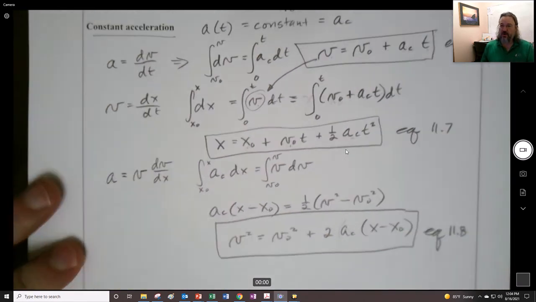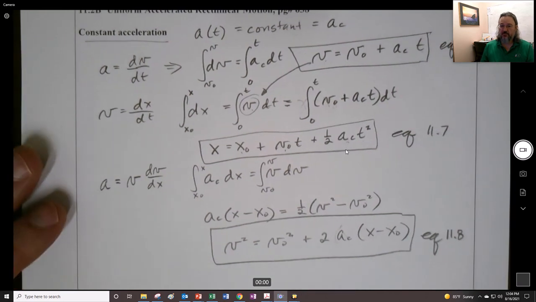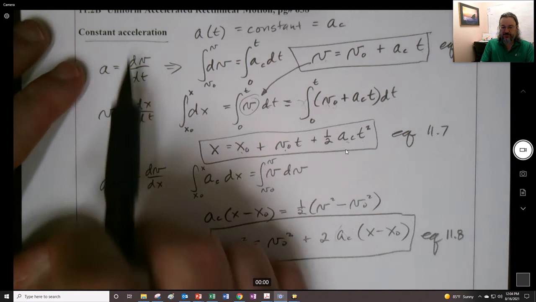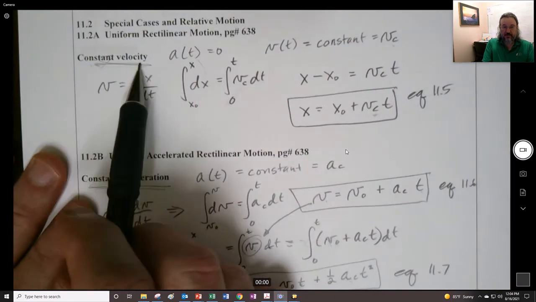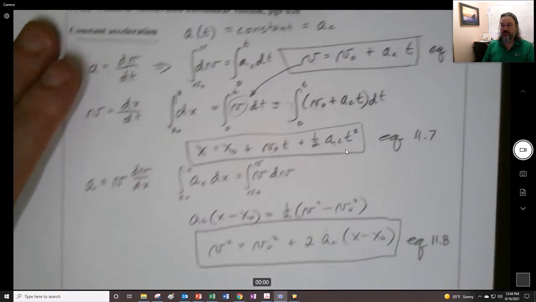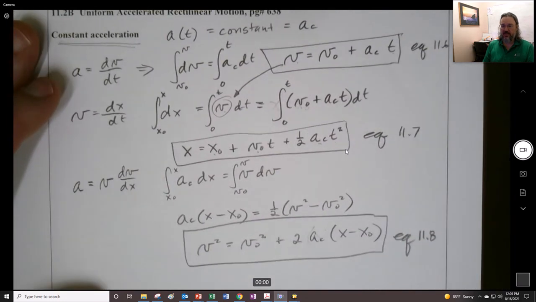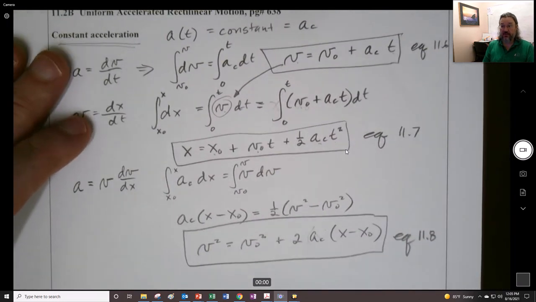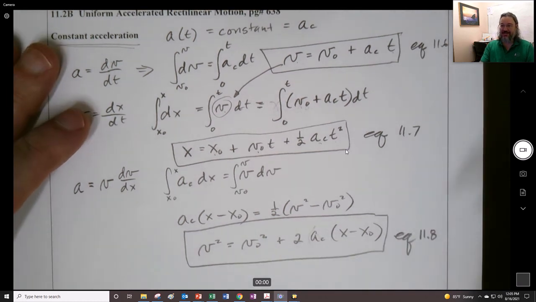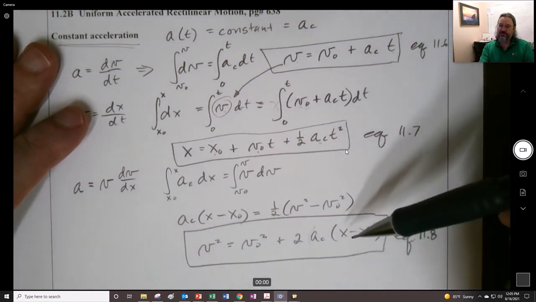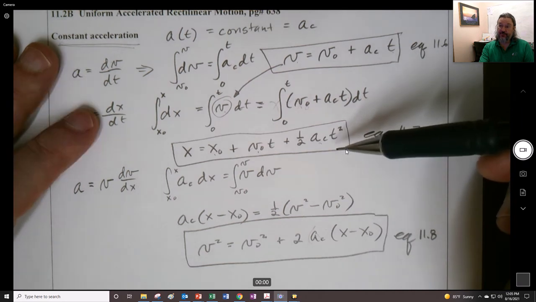These are worth memorizing, these fundamental kinematic relations in the special cases of constant acceleration and constant velocity. We'll see that we're going to use these in projectile motion. I think I'm going to have that in class 3 instead of in class 2. But these are easy equations to use at the wrong time, right?